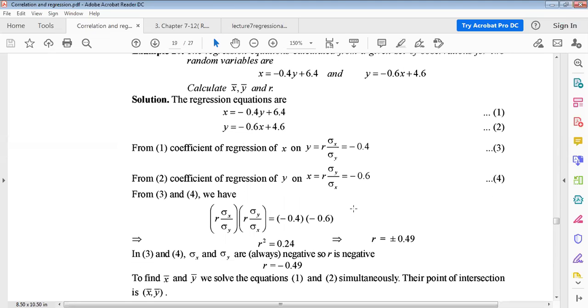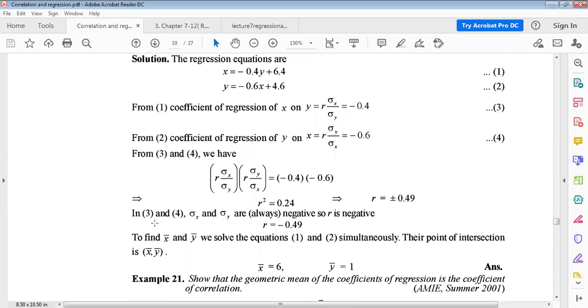Understand everybody? So from 3 and 4, after just multiplying we get r square equal to this, which is actually the correlation coefficient. Now from equations 3 and 4, sigma x and sigma y are always positive, so r is also negative.